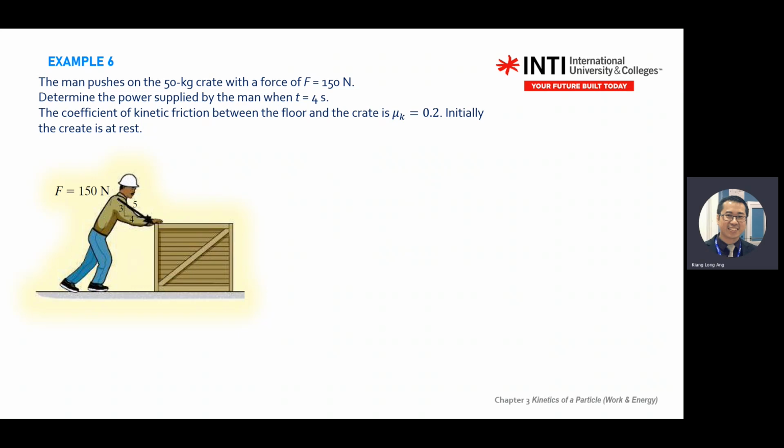Think. This is the way you start to think. Think about what you learned in chapter 2. What formula did you learn in chapter 2? What is A? What is the definition of A? dv over dt.